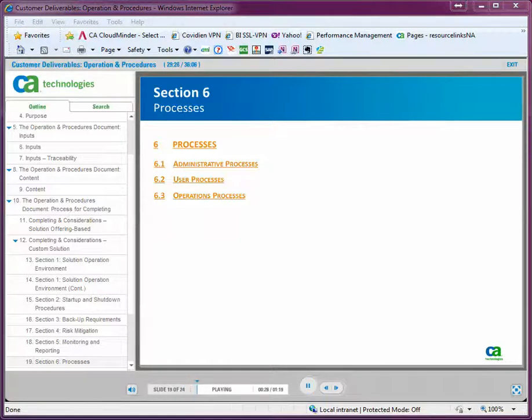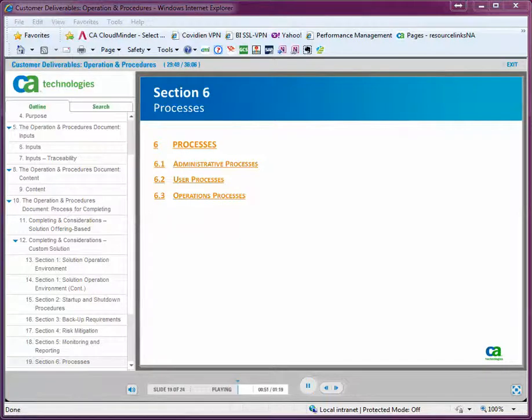User processes describe basically the examples of procedures regarding logging on and logging off, the various UIs, desktop client interactions, system or solution access, the request procedures, input and output information and handling, and the security controls.